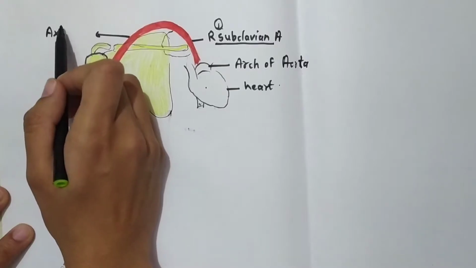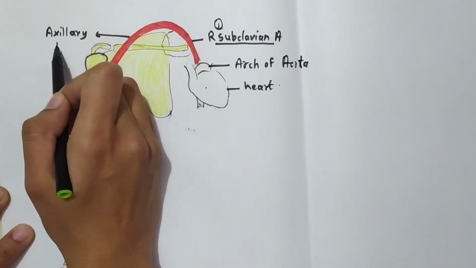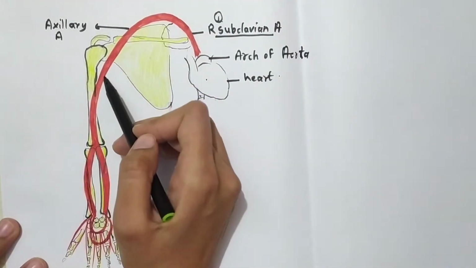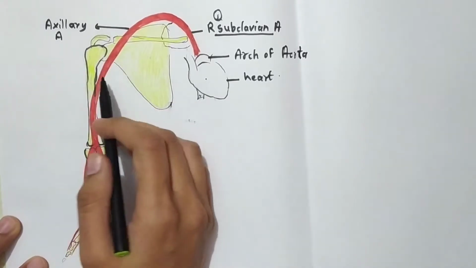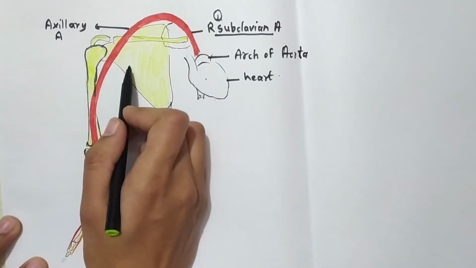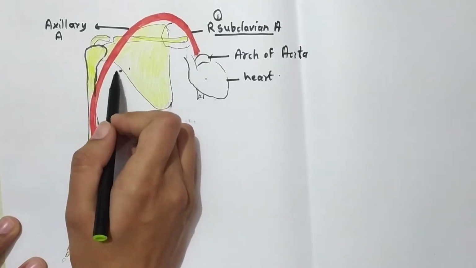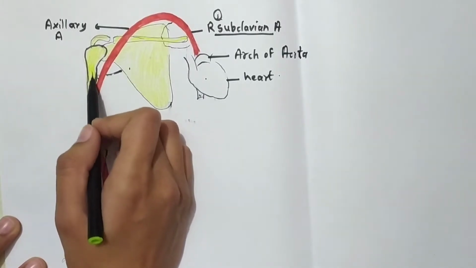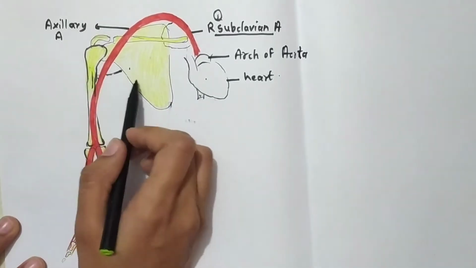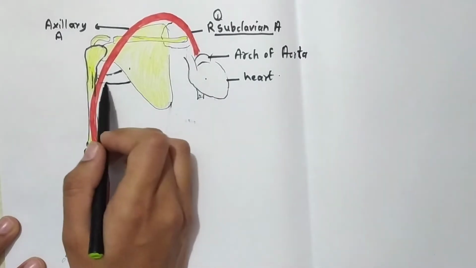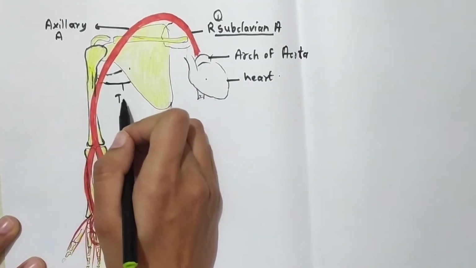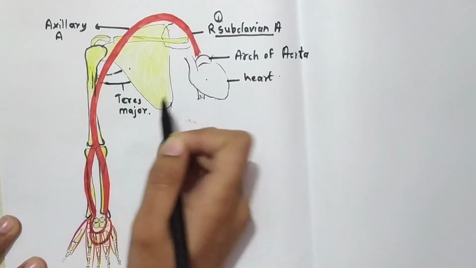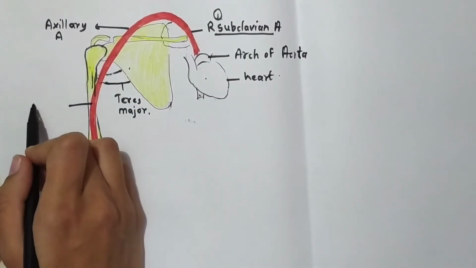Now this axillary artery goes through this region of axilla, supplies muscles around, and then we know that from here scapula, a muscle named teres major arises, and it attaches somewhere here on this bone. So from the lower border of this teres major muscle, this axillary artery is now known as brachial artery.